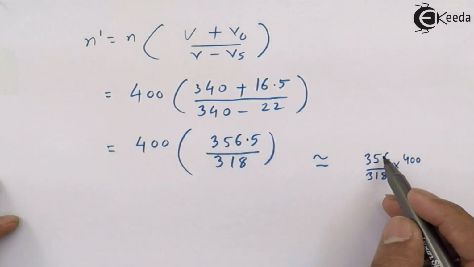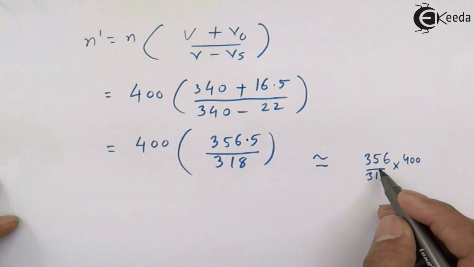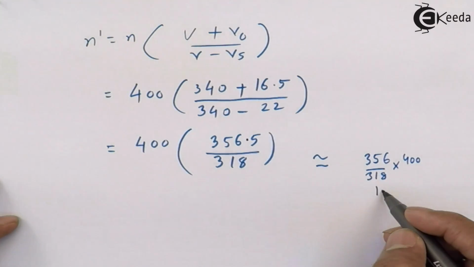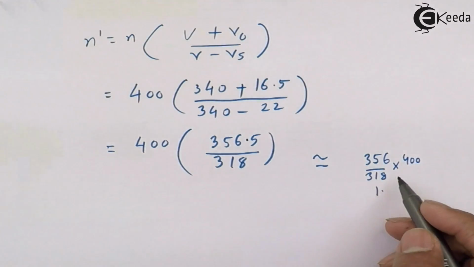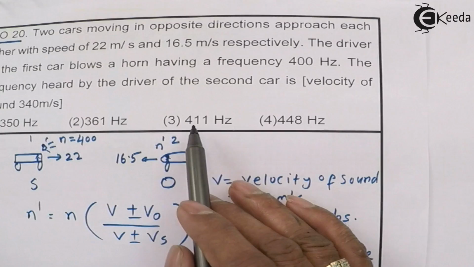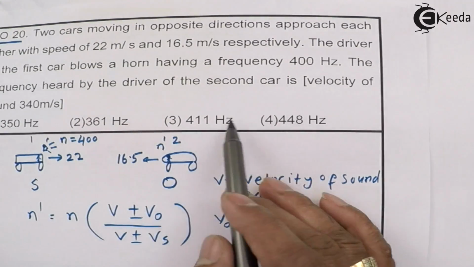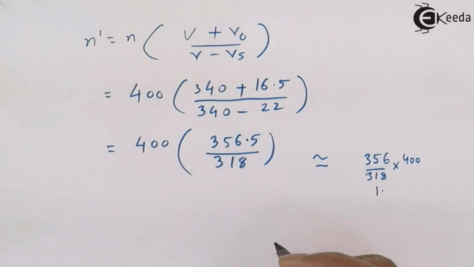Then this will become 1 point something, because it is a little more than 1. But how much is that? Because if it is 1 point something, the result is greater than 400, and we have got 2 options greater than 400. So you have to go for the calculations.